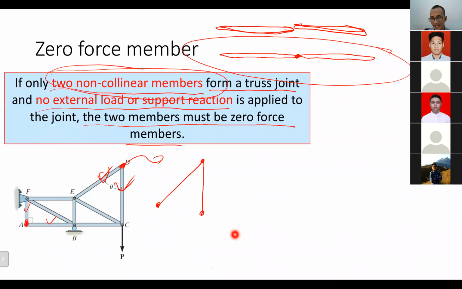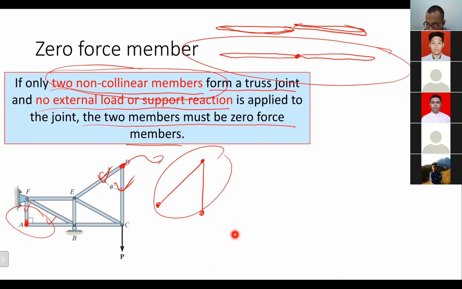In that condition, you have to take a look at whether the members which are connected to the joint are collinear or not. If it's collinear, then there is a possibility of a non-zero member. But if it's non-collinear, like this, for example, or like this, then those two must be zero force members.